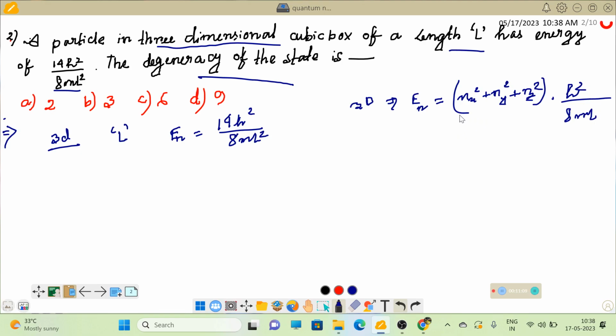So we can replace this one with 14, so n x square plus n y square plus n z square equals 14.